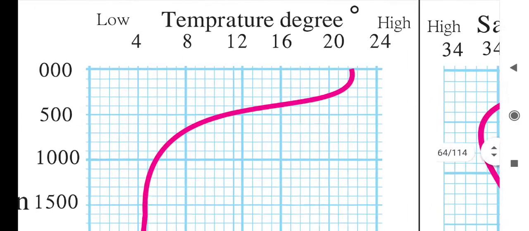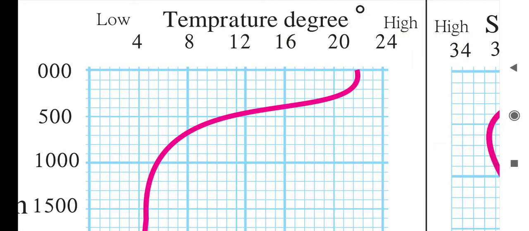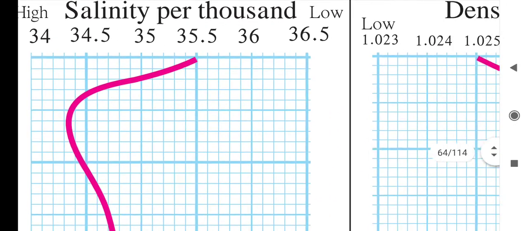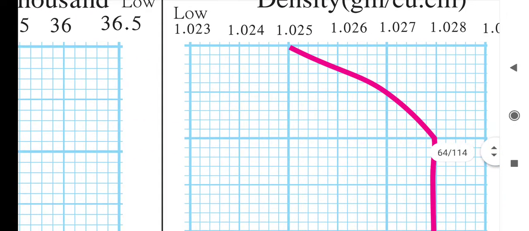So the temperature is higher till the depth of 500 meter, and salinity also till the depth of 500 meter, and this density also. So overall we can say that till 500 meter depth from the sea level, the variations in temperature, salinity and density are high.